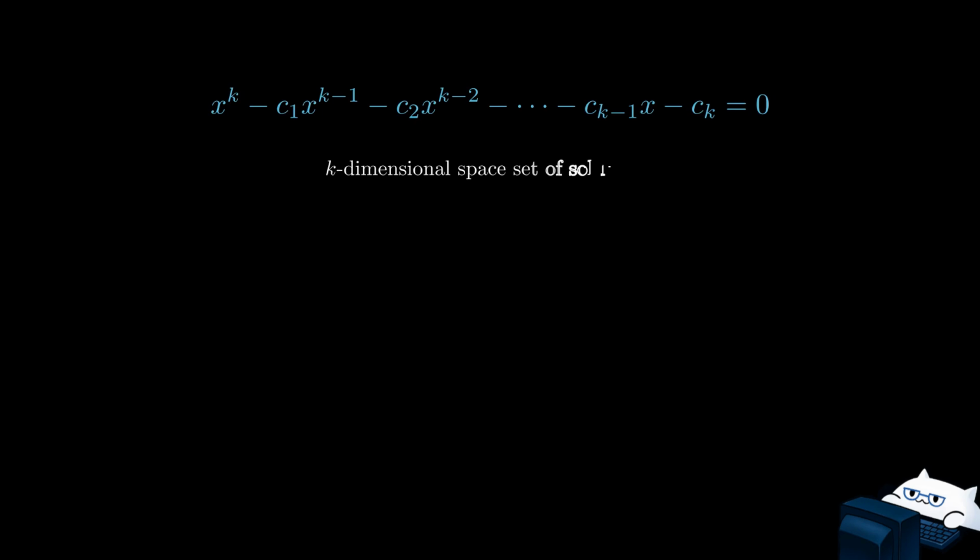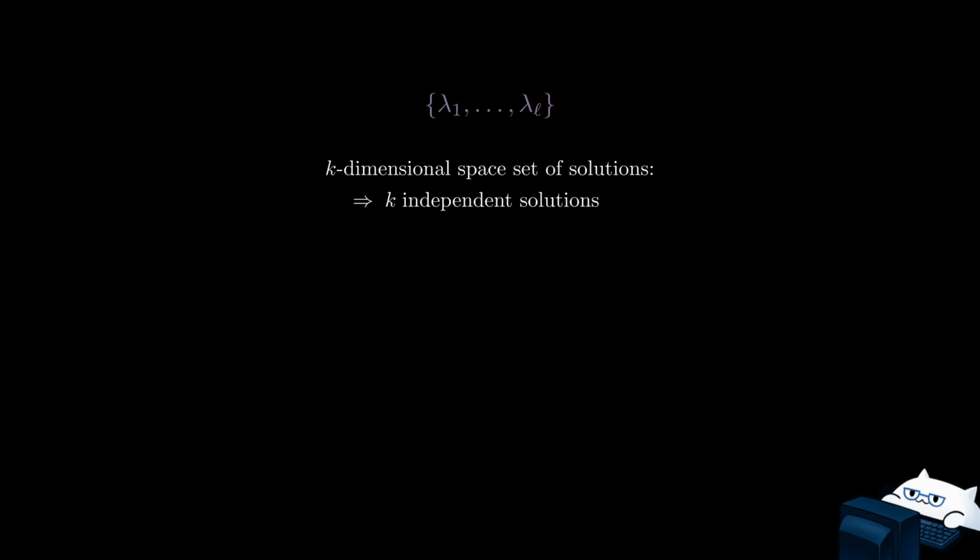Since each root is linearly independent from the others, meaning you can't write any one of them as a scaled or added combination of the others, our solution is the sum of exponential terms. Each sequence, lambda to the n, is itself a solution to the recurrence, and because of linearity, we can combine them.